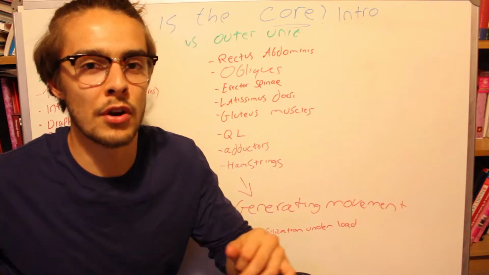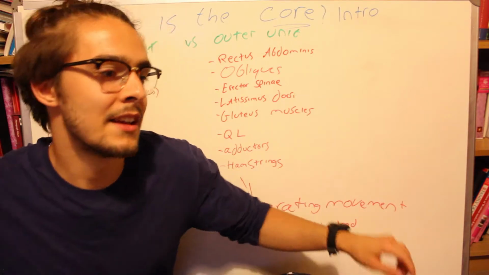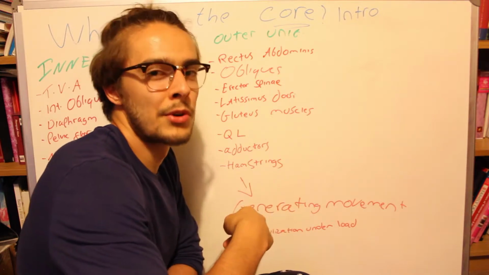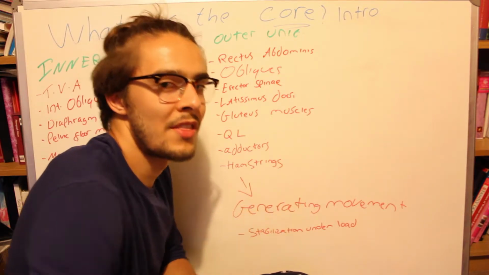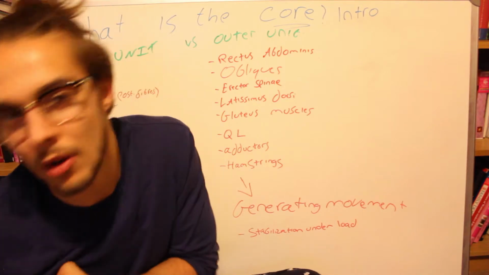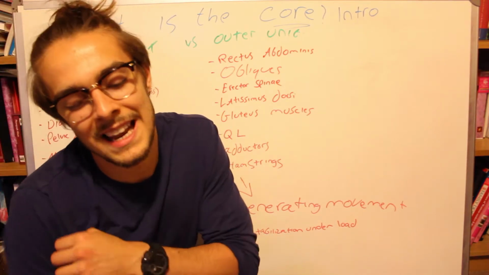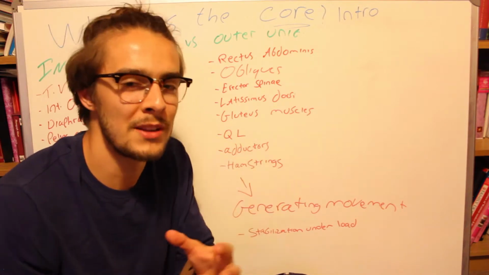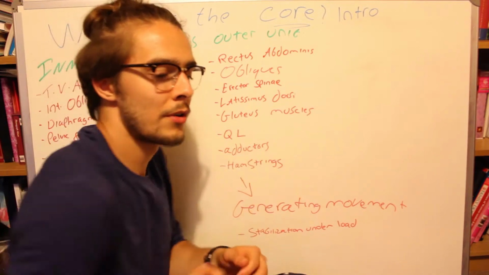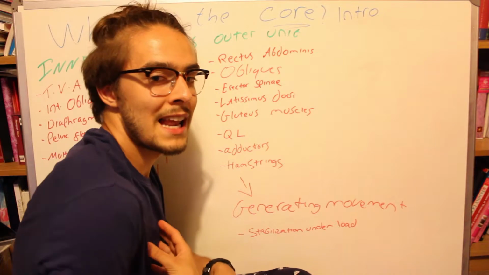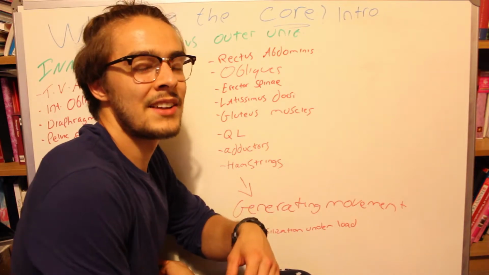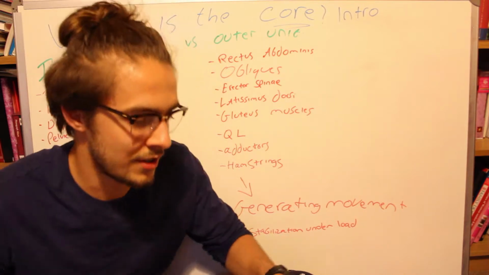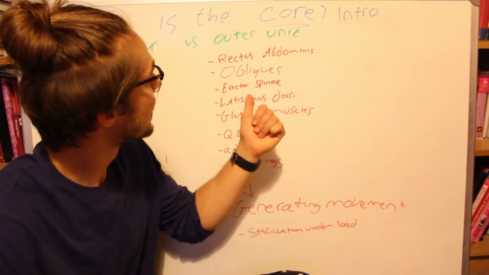So if you throw with your right hand and you turn to the left-hand side, it's your right external oblique working. When you turn to the right, that's your left external oblique working. So your external and internal obliques work in synergy. When you rotate your trunk to the left-hand side, your left internal oblique and your right external oblique are working in synergy to cause the rotation movement.